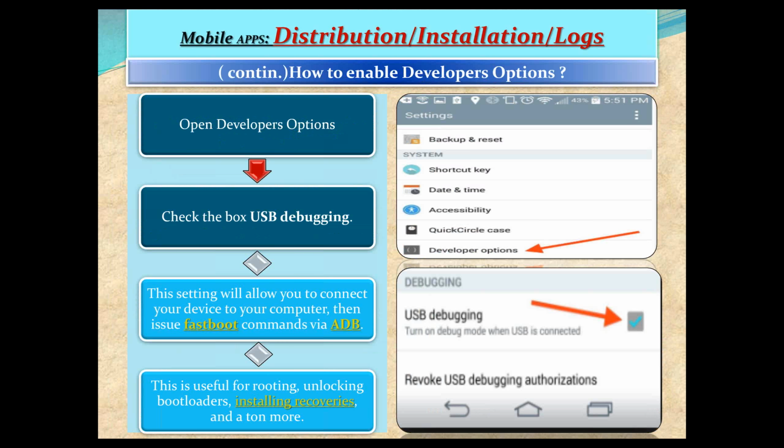Okay. Then we have the Force GPU rendering. What is GPU? For somebody who is not familiar, it is a graphics card. And we'll talk about the CPU, that is the processor. Okay, so Force GPU rendering is the next option that might help you if you're experiencing graphical sluggishness in some applications.